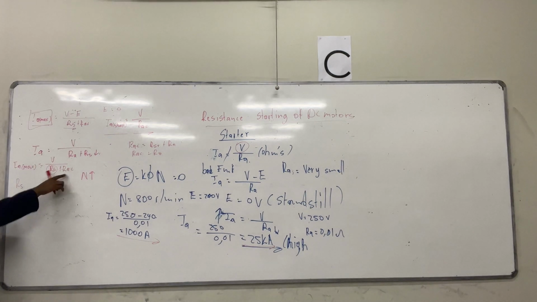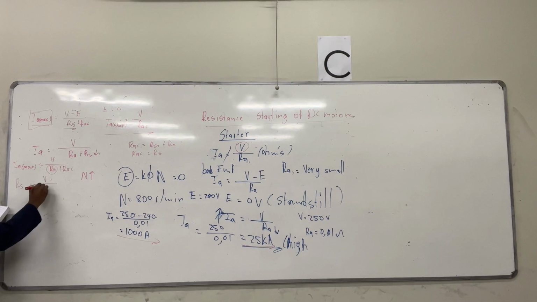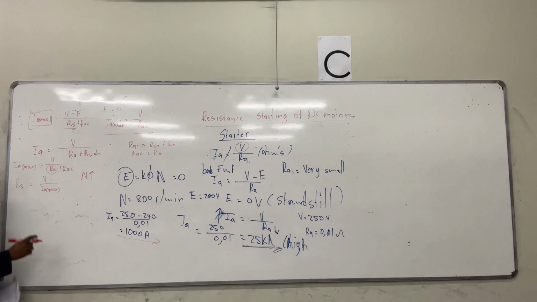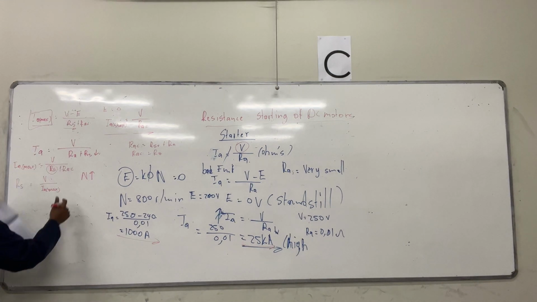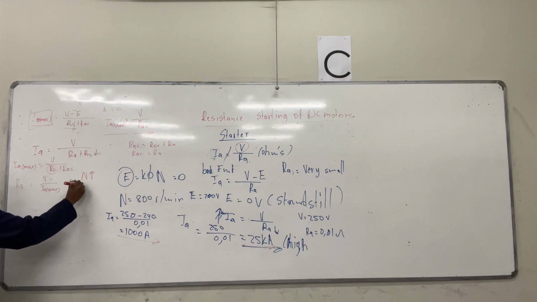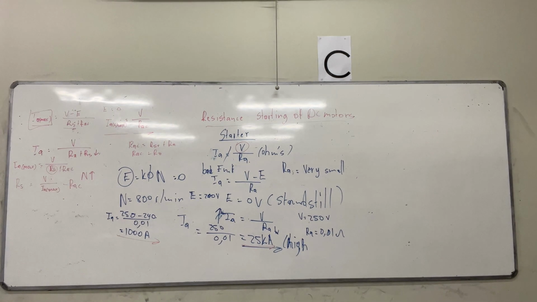The manipulation of this formula, which is RS is given by V over I max. Well, I max is the current that we should not exceed, minus RAC, bengikagqibi na? RAC. Yeah. Okay.